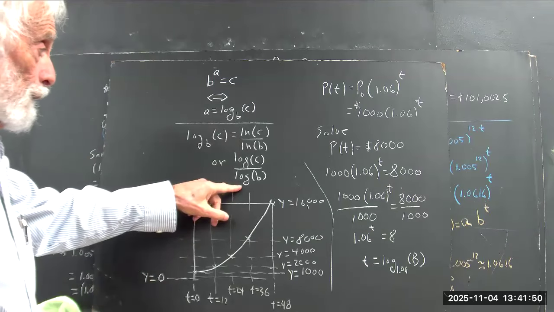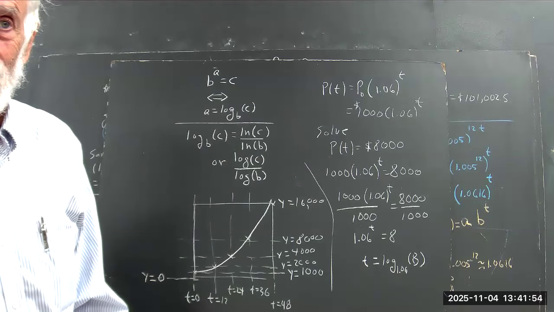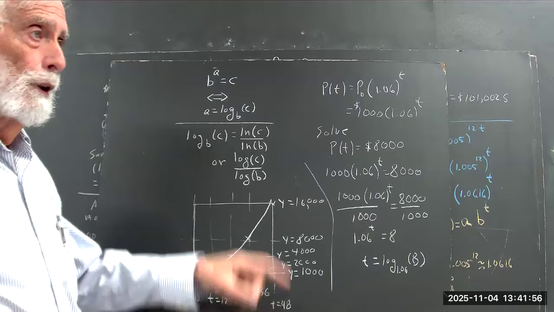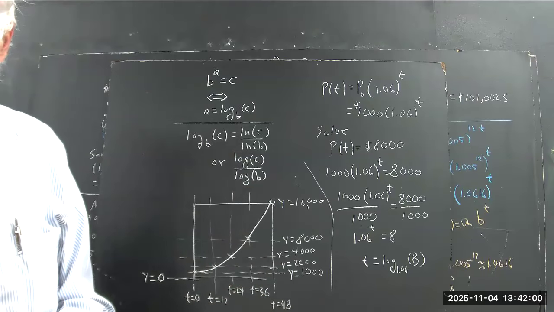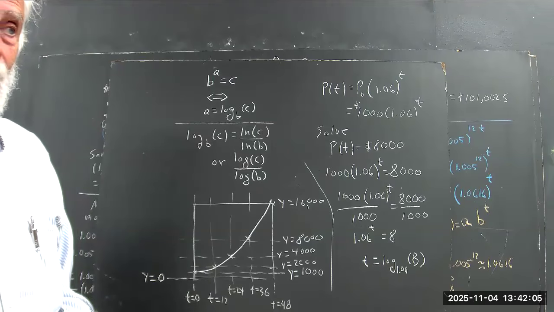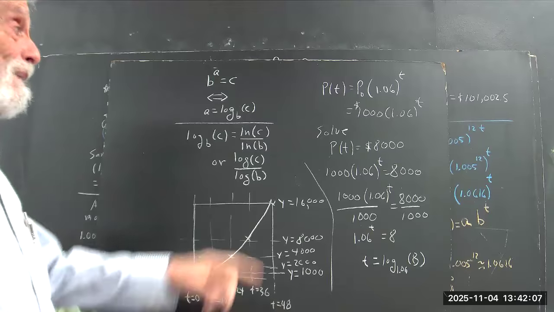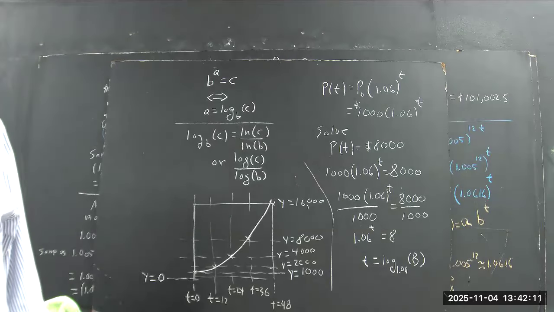The log stands for base 10 log. If it's a log base 10, we don't even write the 10. But sometimes we do, just to be careful, just to be sure. And sometimes log means ln. So you've got to be careful of who you're talking to.